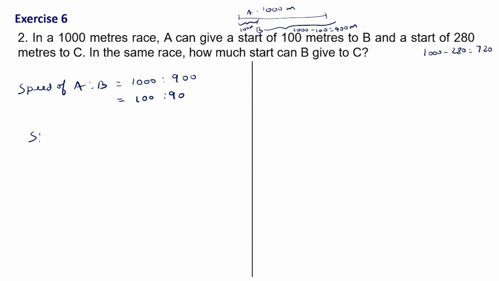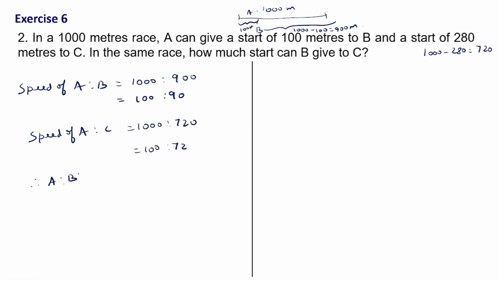So as a result, speed of A is to C, it is 1000 is to 720, or it is 100 is to 72. So we can combine these two.